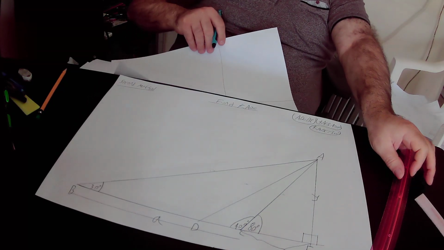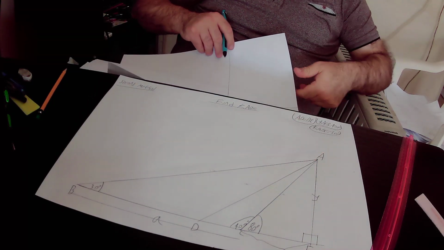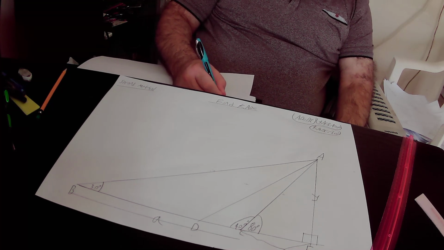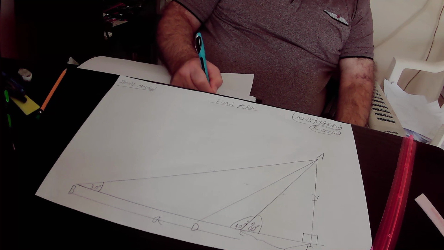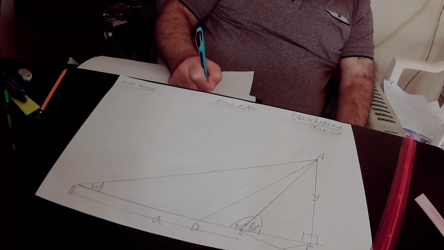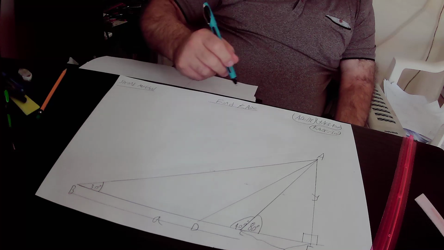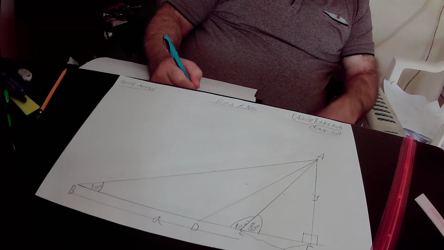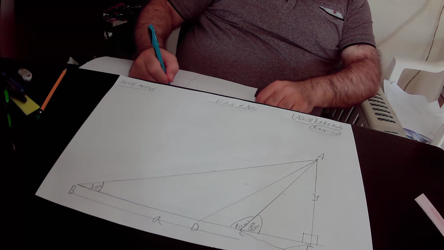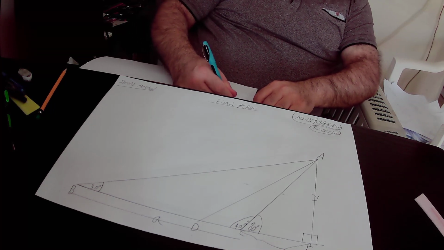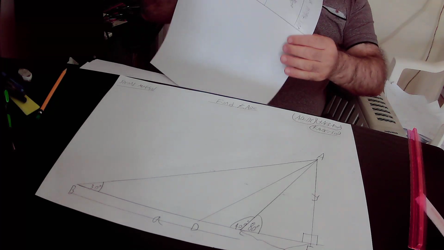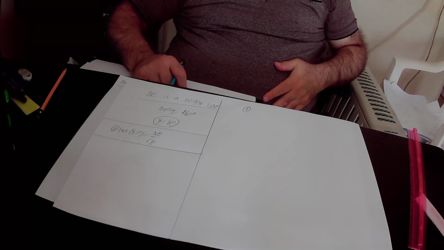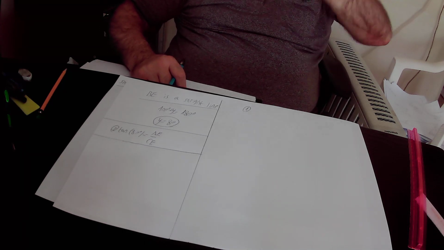On the right triangle, triangle ACE, we know that tangent 80 degrees equals AE over CE.